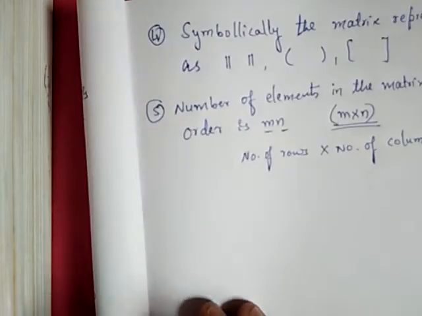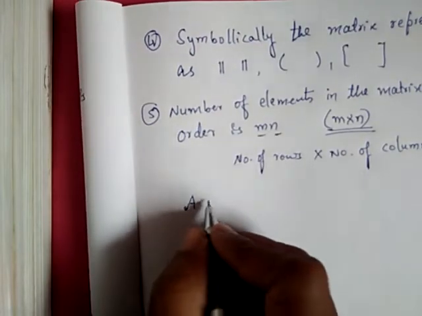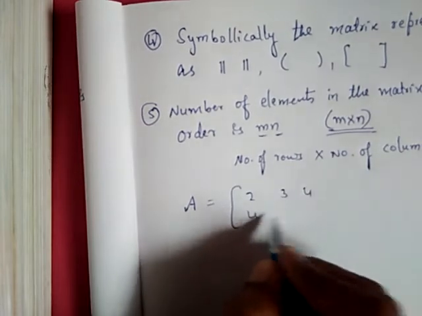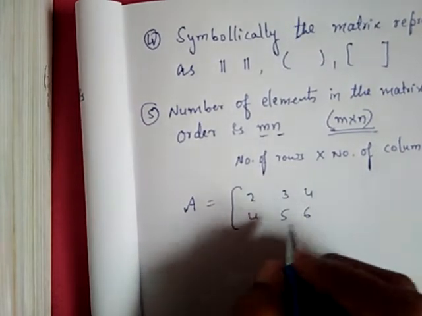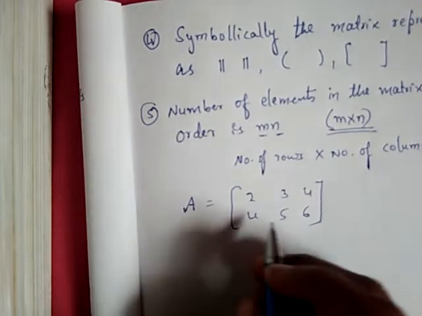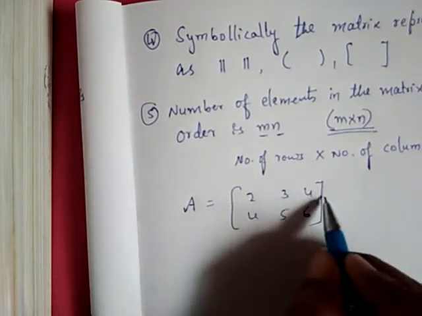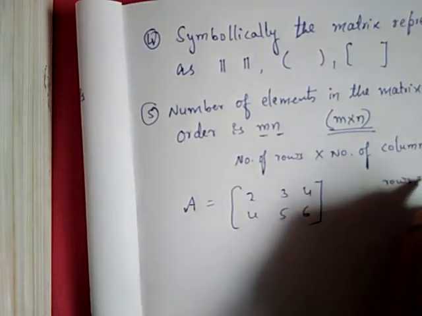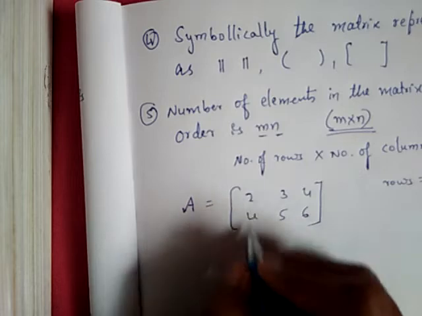Okay, now we will have an example, matrix A. Here I will write 2 3 4, 4 5 6. Now how many rows are there here? This is one row, this is another row. So rows are 2, and columns 1 2 3.